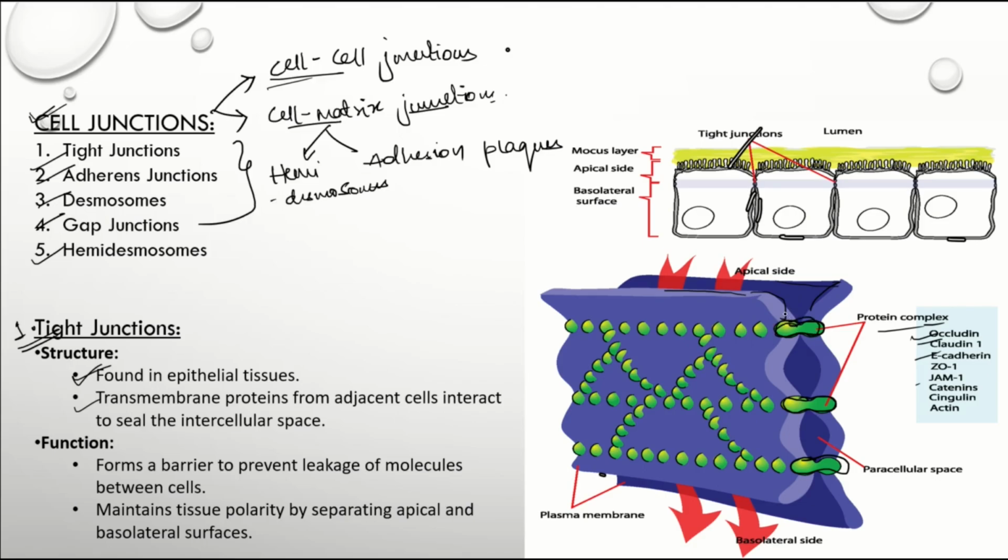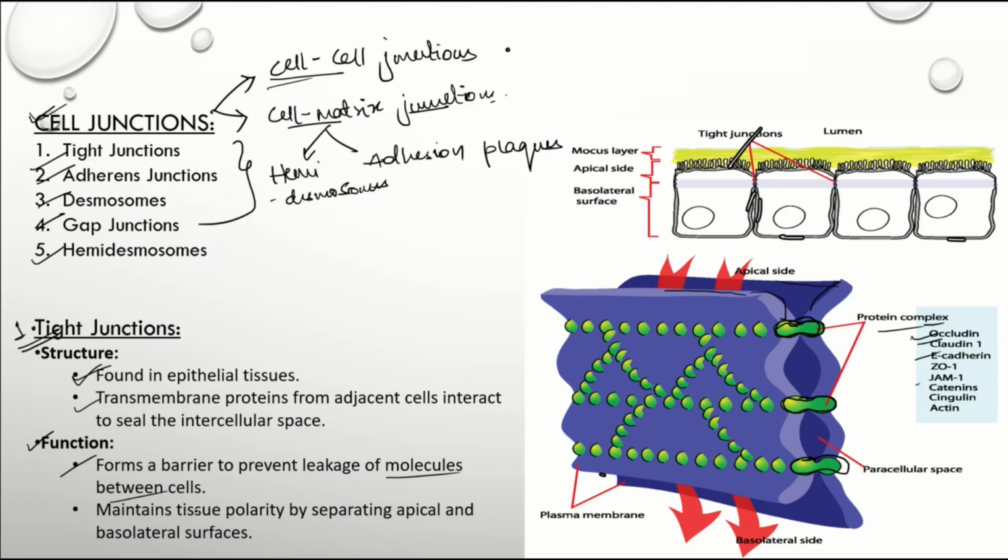They interlock with each other, right? Now what are its functions? It forms a barrier to prevent leakage of molecules between cells. If it provides lining and forms a barrier, then it prevents the leakage of molecules.